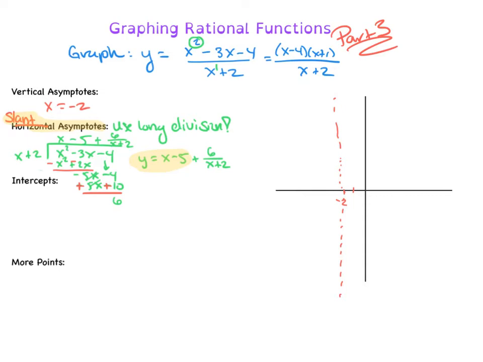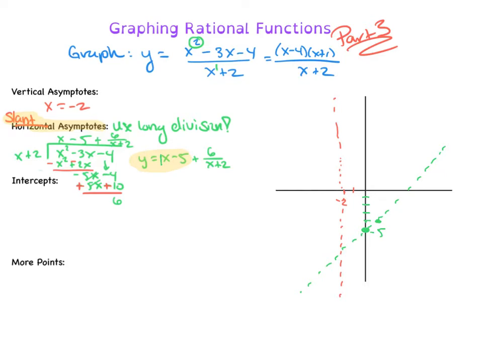Now remember, I want you to notice that's a line, y equals mx plus b, has a y-intercept of negative 5. So 1, 2, 3, 4, 5. And a slope of 1, so we'll go up 1 and over 1. And there is our slant asymptote.